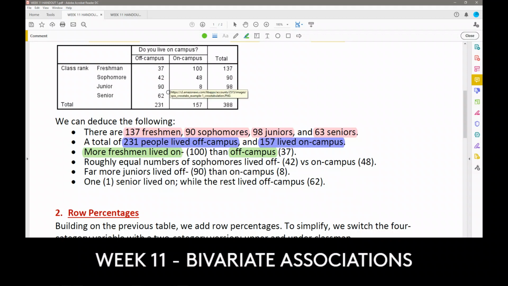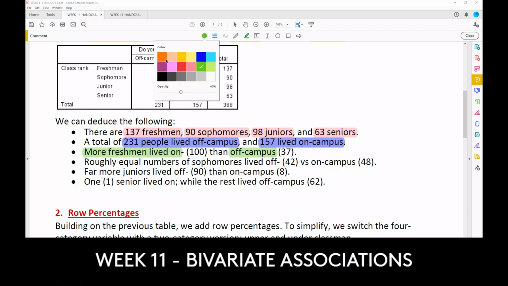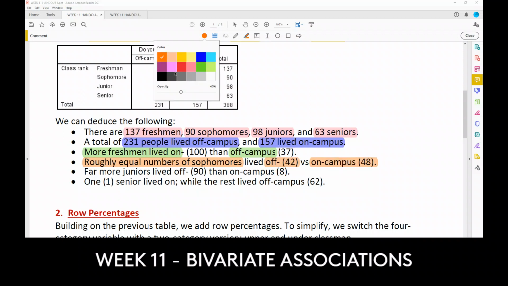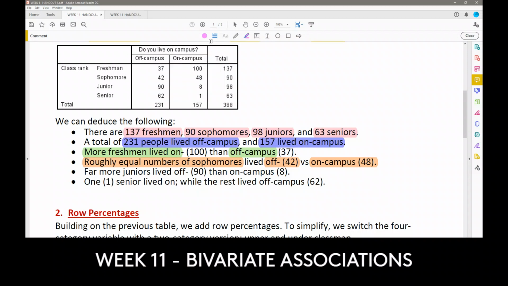Now the next one is looking at the number of sophomores who live on and off campus. We can see that there's roughly equal numbers of sophomores who lived off campus and on campus. We have 42 and 48, so no major differences there.